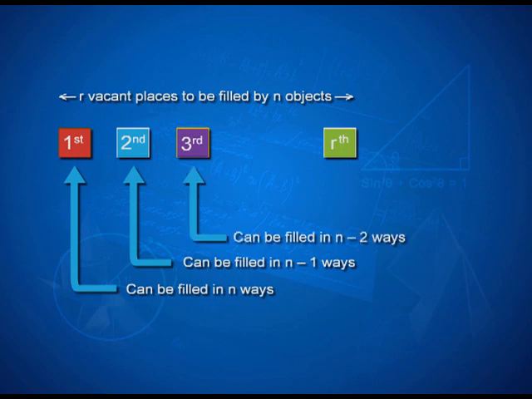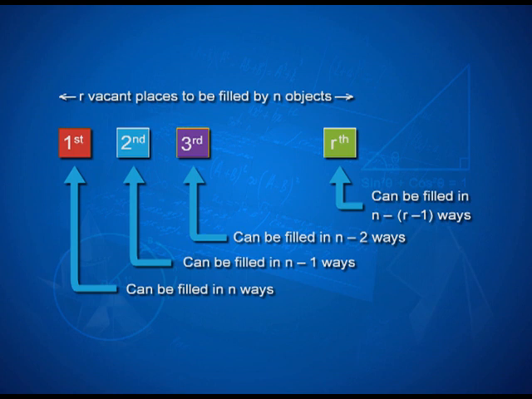Similarly, the third position can be filled in n minus 2 ways, because 2 objects have already been used up in the first and second place. So, how many now are left for us to occupy the rth place? Think about it carefully. You have r places, out of which r minus 1 places have already been filled up. That means, out of n objects, r minus 1 have already been used.